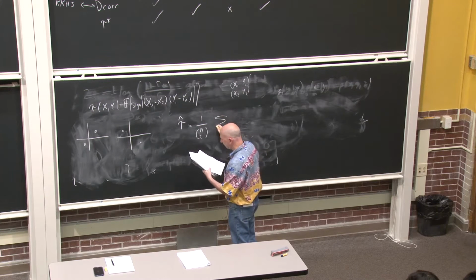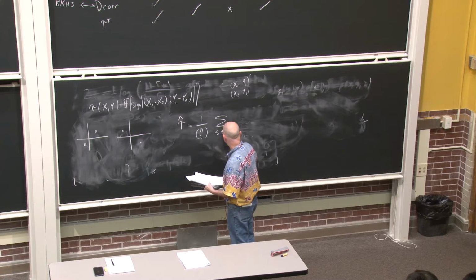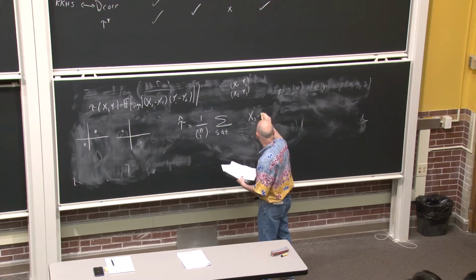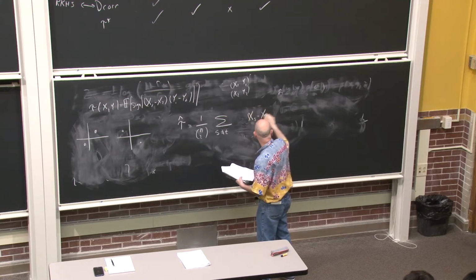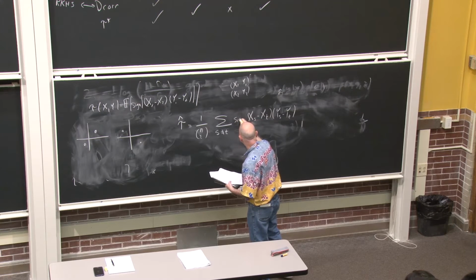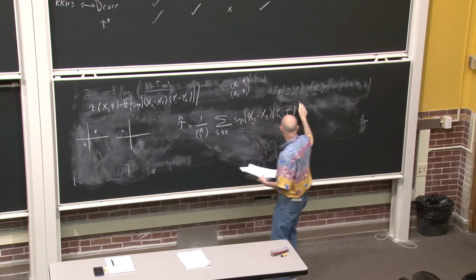And now we're summing over all s not equal to t, all distinct pairs of data, and we just take the sign of x of s minus x of t, times y of s minus y of t, and we take that average.